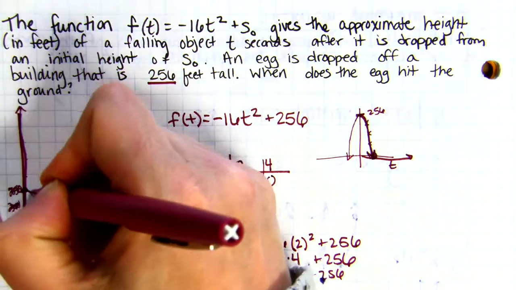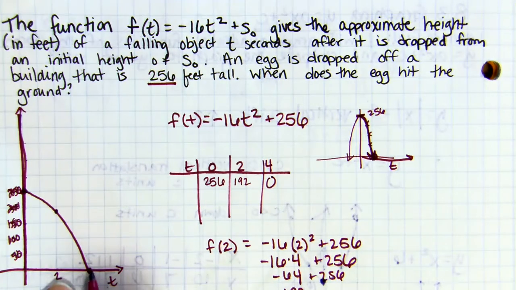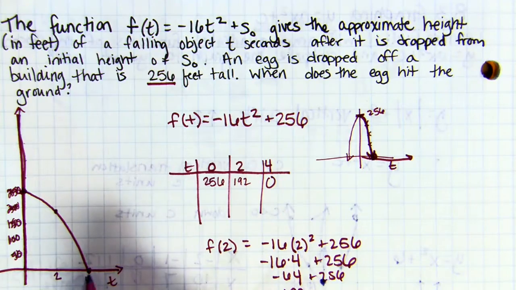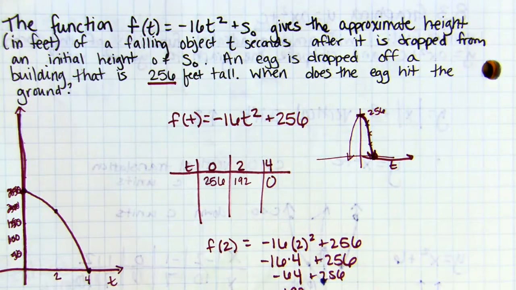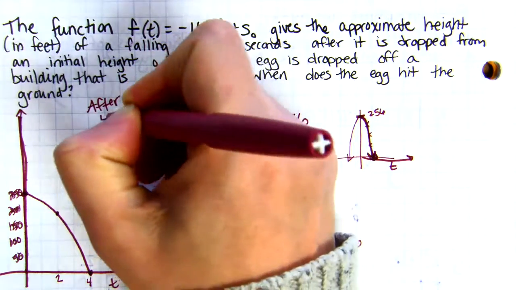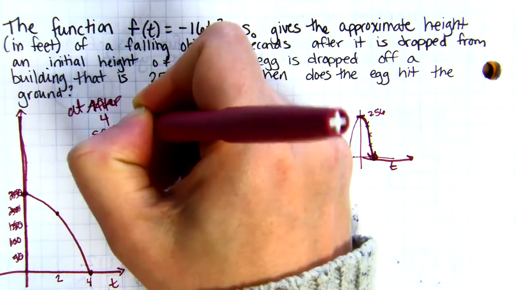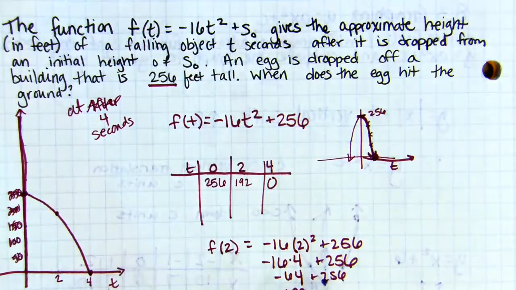That means my graph is going to cross the t-axis after 4 seconds. And that tells me when my object hits the ground. So at 4 seconds is when my object hits the ground.